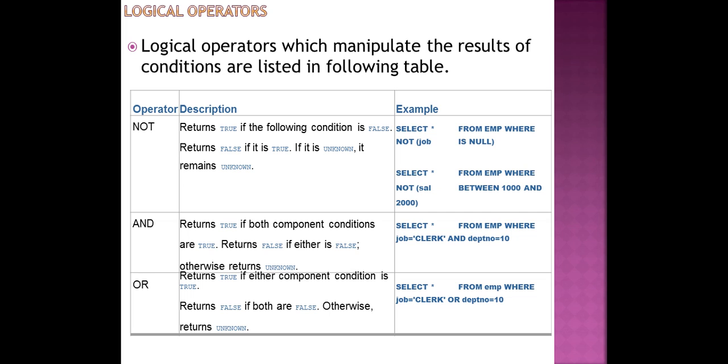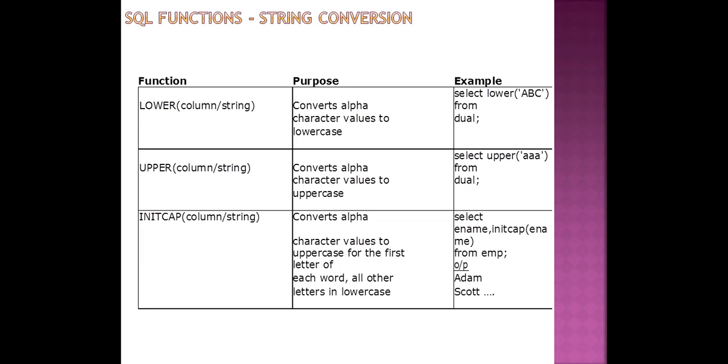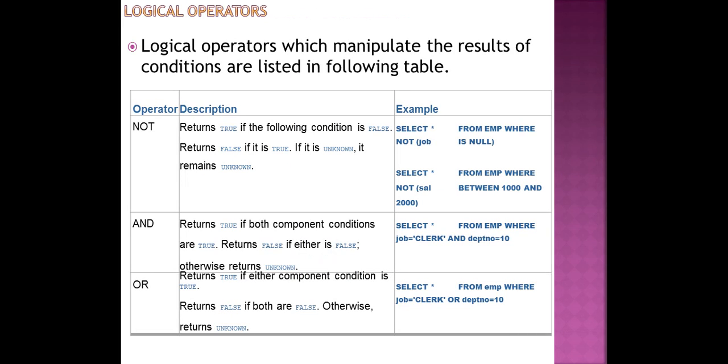Logical operators: and, or, not. These are the logical operators. When you have multiple conditions, you can combine those conditions using AND or OR. NOT can be used for negation.